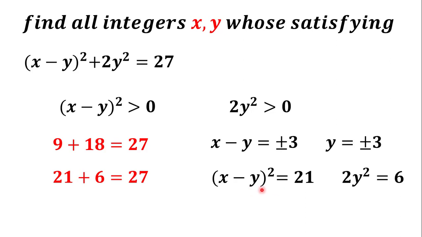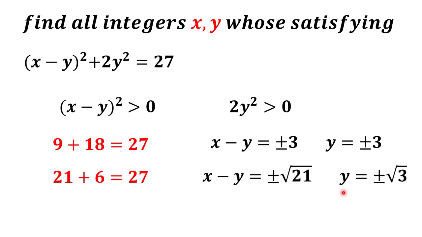And from this equation, we can write x - y equals plus or minus square root of 21. But y isn't an integer, and we are going to find integers x and y. So 21 and 6 aren't our answer.